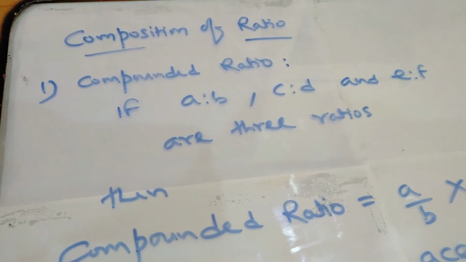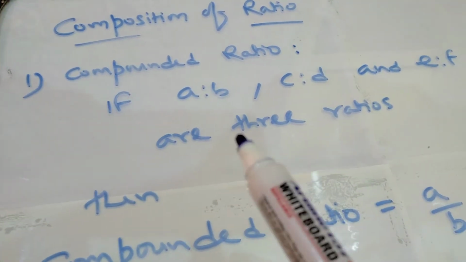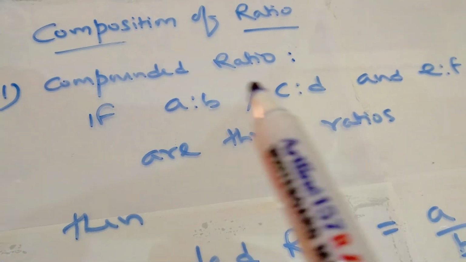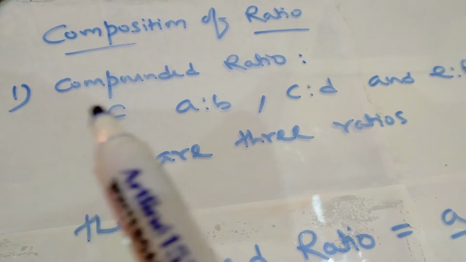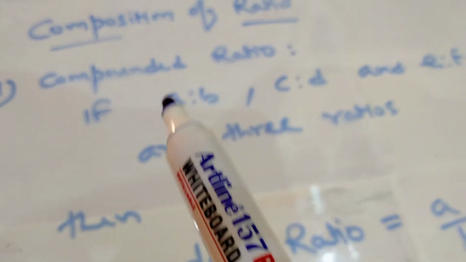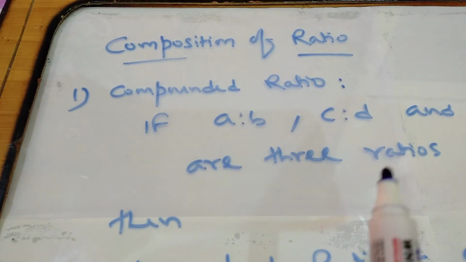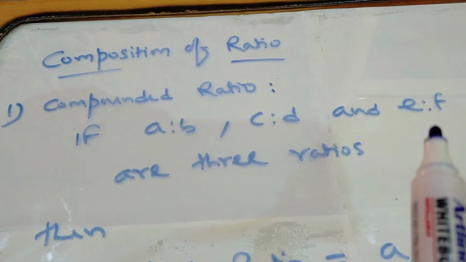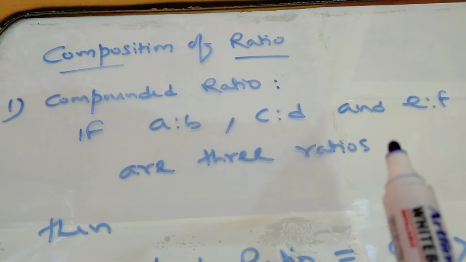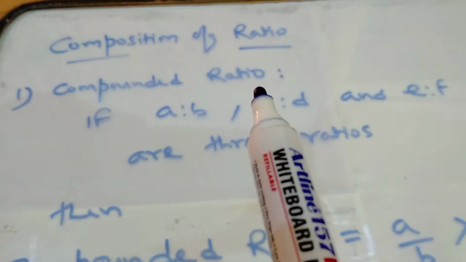Now students, our next topic is composition of ratio. Compounded ratio is the first topic inside this. What is the meaning of compounded ratio? We have the first ratio A is to B, the second ratio is C is to D, and the third ratio is E is to F. We have three ratios and we are interested to find the compounded ratio.